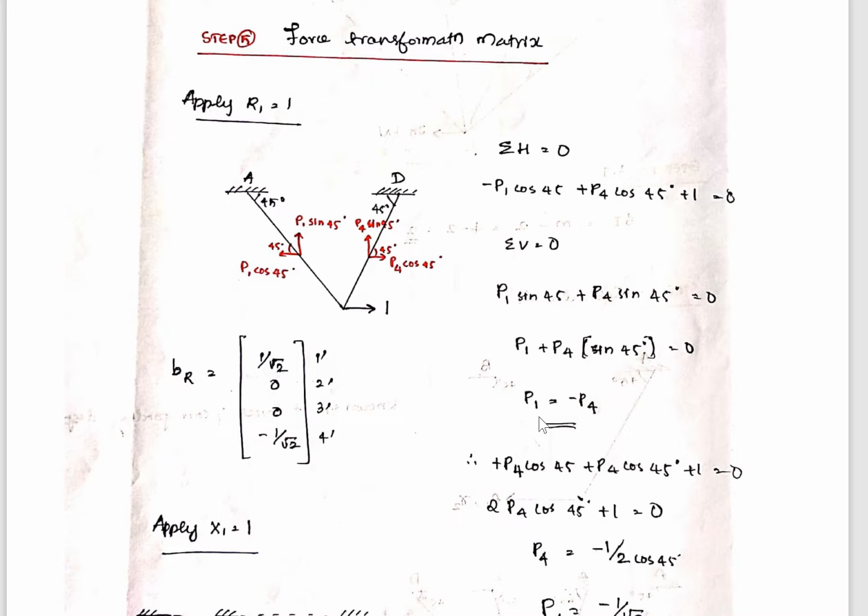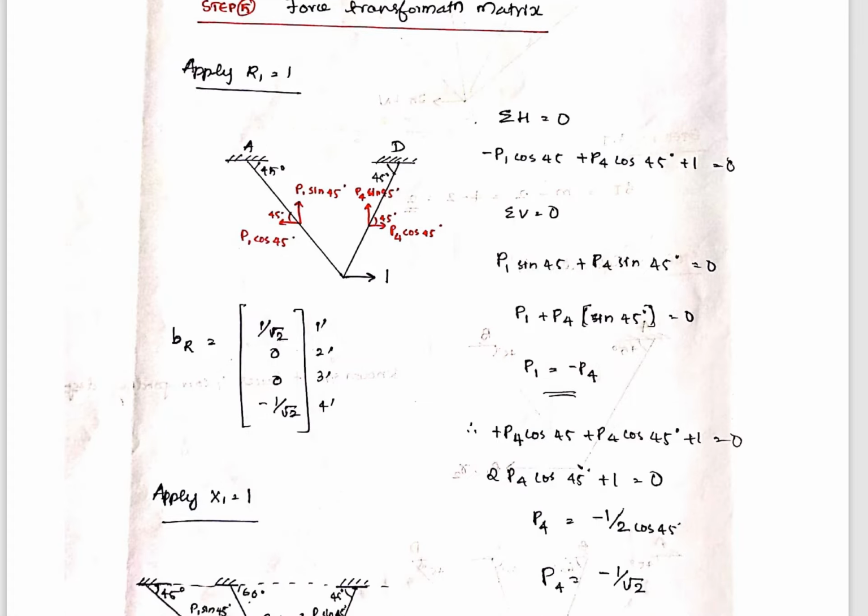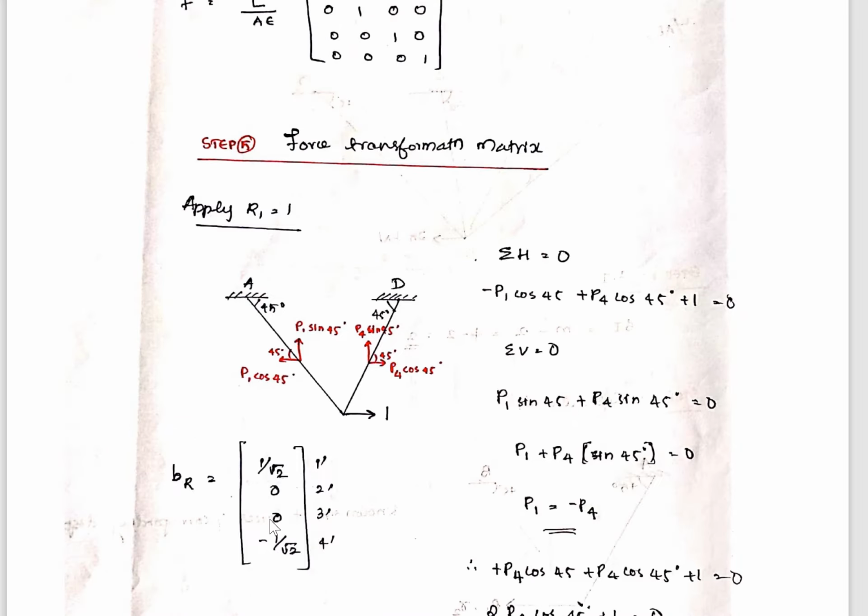Now substitute P1 is equal to minus P4 in the first equation and we get P4 is equal to minus 1 by root 2, which implies P1 is equal to 1 by root 2. So this is our BR matrix corresponding to R1 is equal to 1.